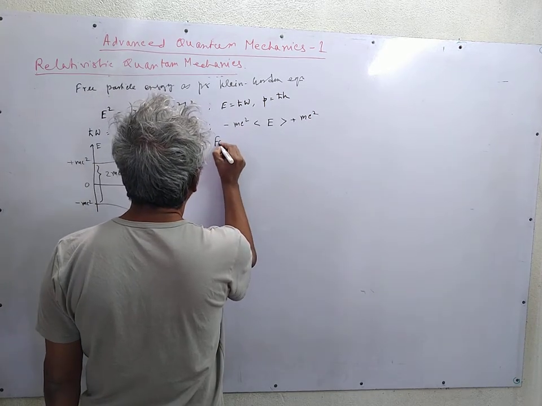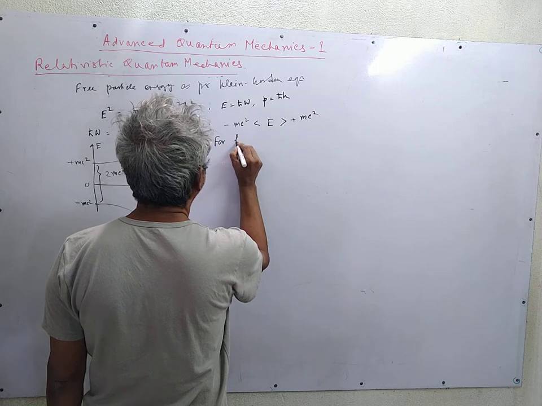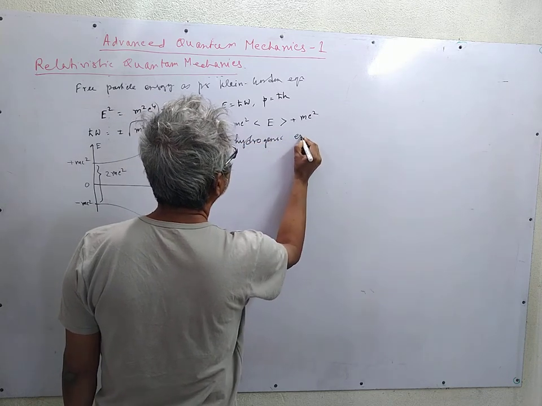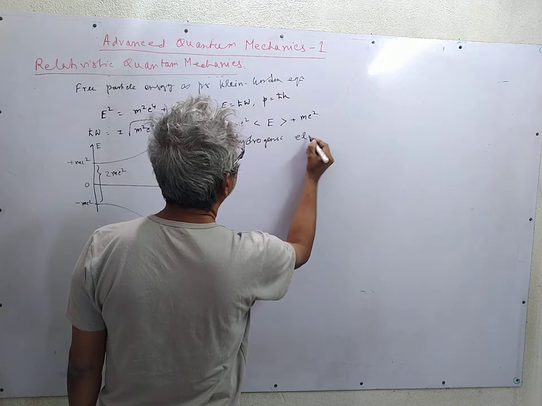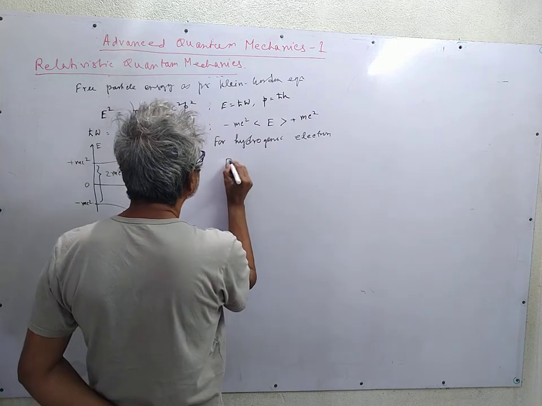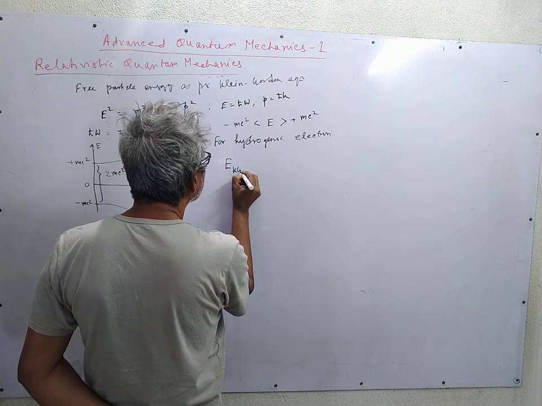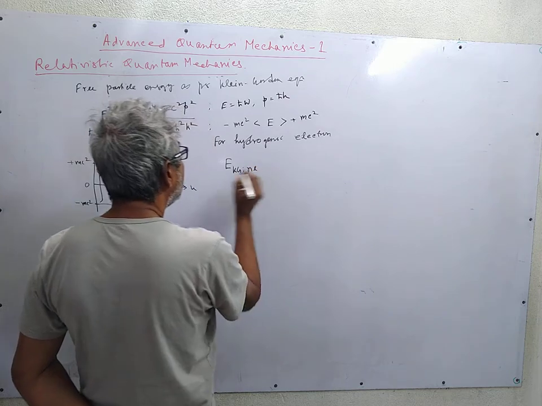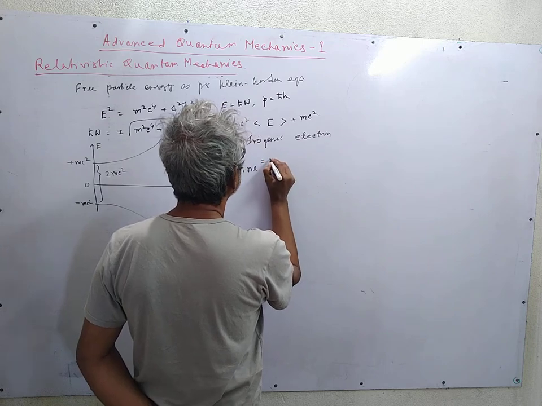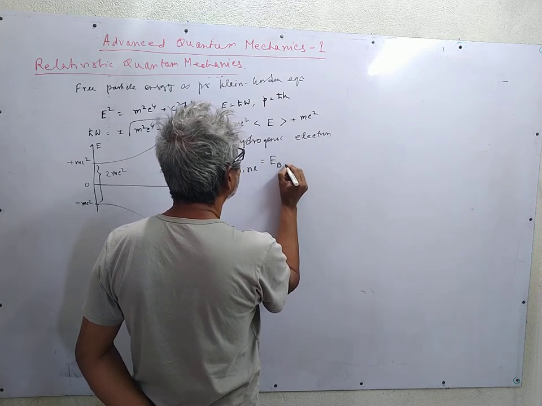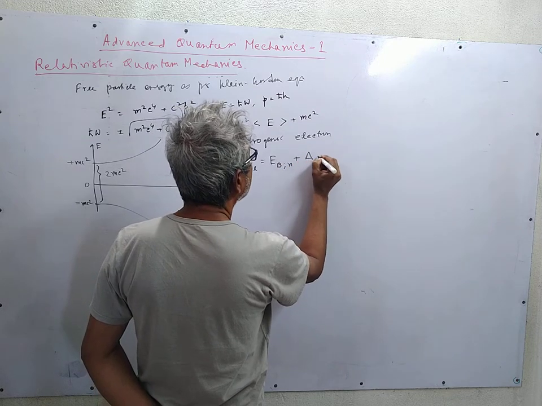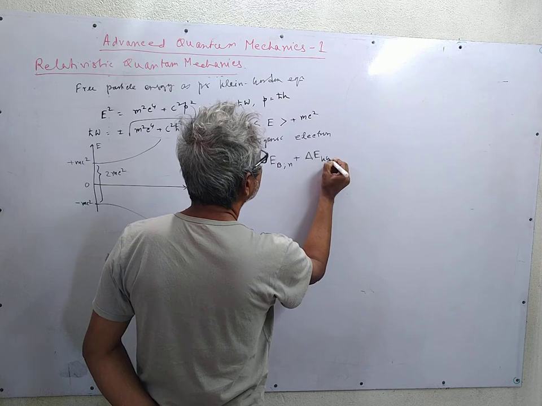For a hydrogenic electron, it is found that the Klein-Gordon theory gives an energy E of n l, which is equal to E Bohr, the energy as per Bohr's theory, plus delta E KG.